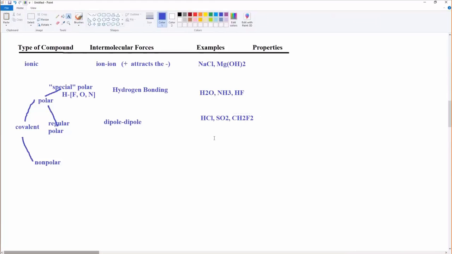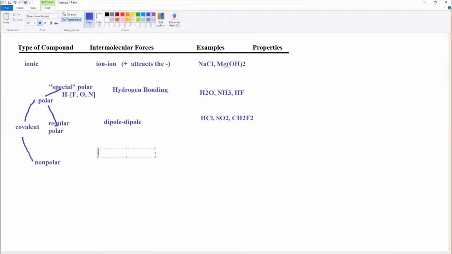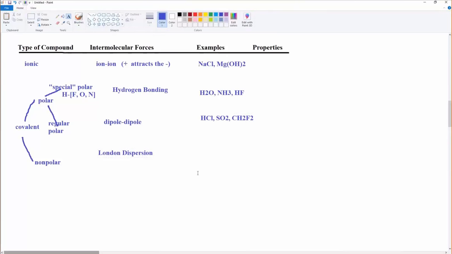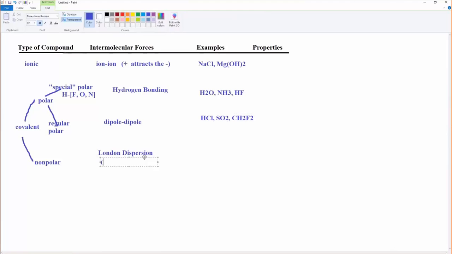Okay. And then if you are nonpolar, we're going to call this London dispersion forces, after the guy who discovered it, whose name was London. Sometimes you also hear these called van der Waals forces. Sometimes you'll also hear these called induced dipole.